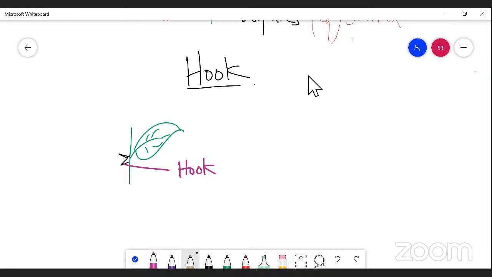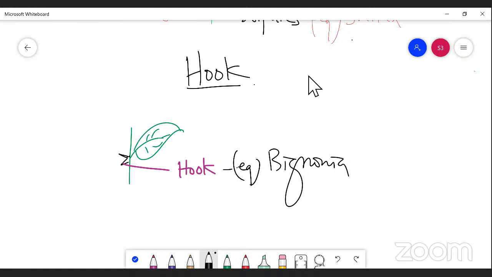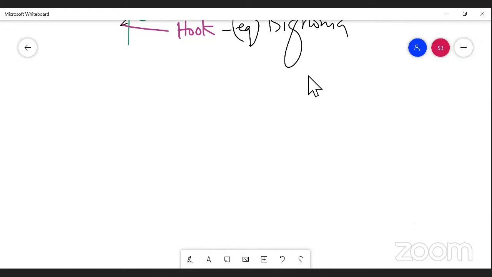It is found in Bignonia. If you take a Bignonia plant, in Bignonia you find a hook-like structure. It is also a modification of leaf, right? The next one, I am going to give an example for a spine.